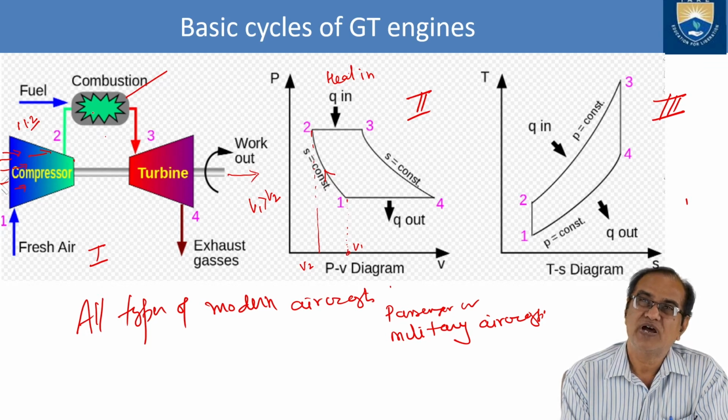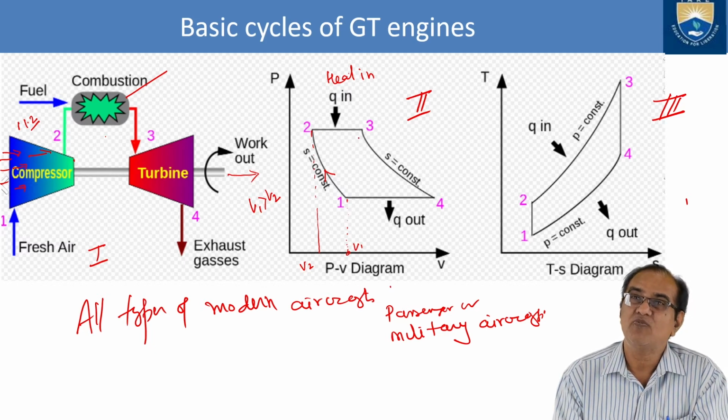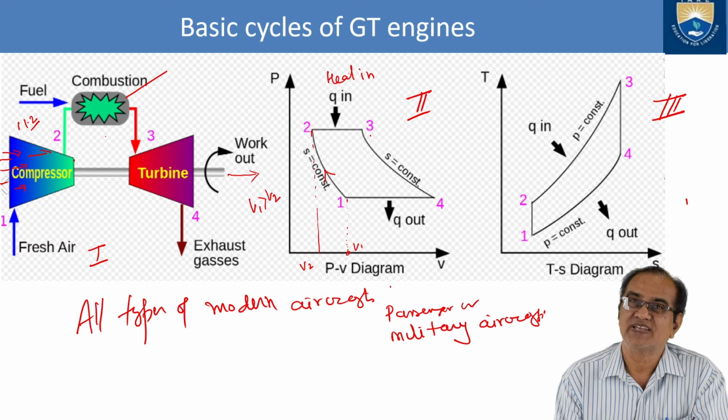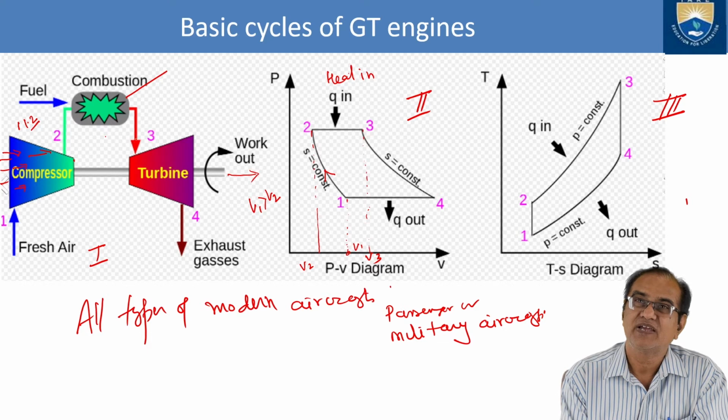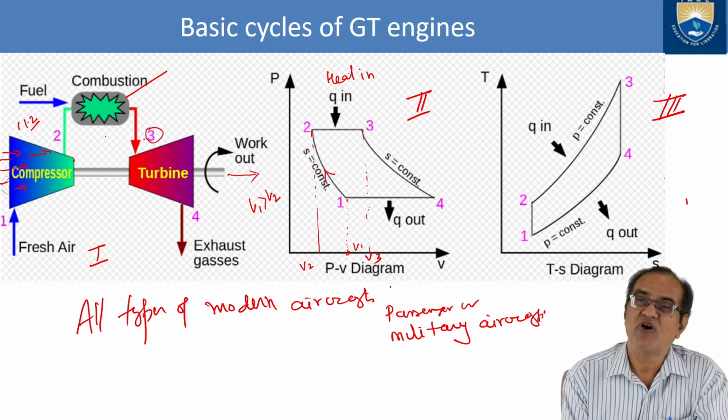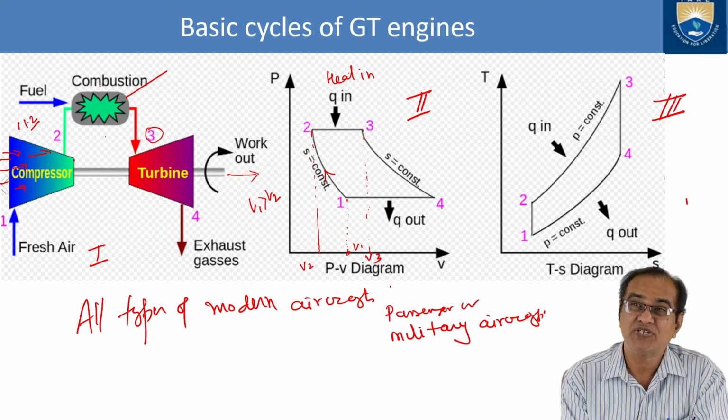This happens at constant pressure from 2 to 3. Pressure is constant, but volume has increased from 2 to 3. It was initially V2, now it is more than V1. It is now V3. Volume has increased due to this combustion.